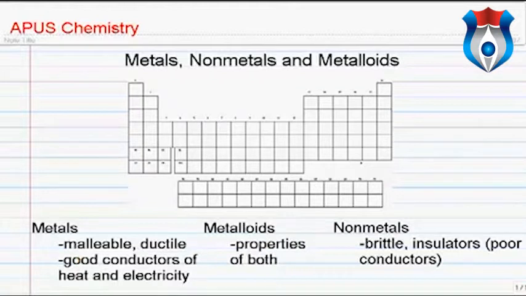When looking at the metalloids, there's only a few of these elements that have these characteristics, and they're located right there, and they almost form what we call a staircase. To the left of the staircase are the metals.